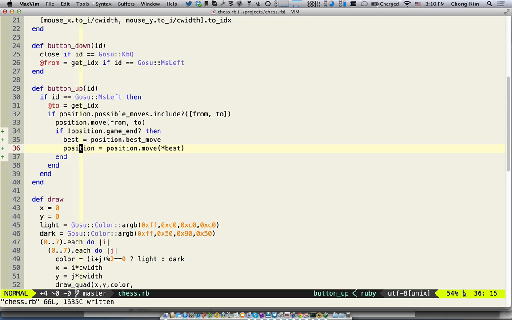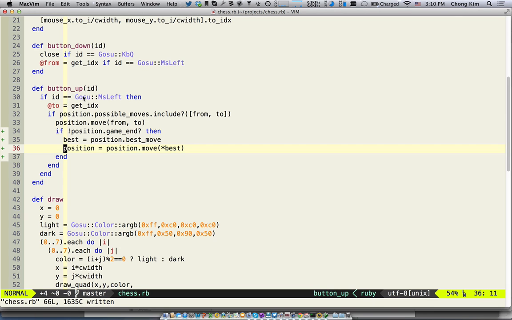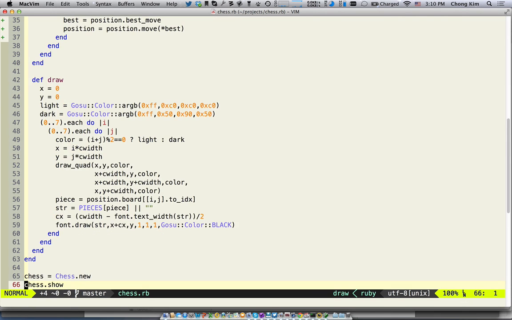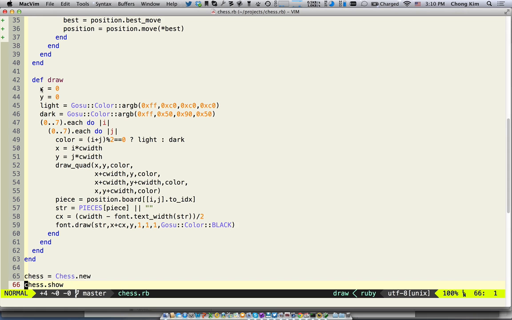Even though we know the solution, it just doesn't make any sense, because it's supposed to return itself, and so it really shouldn't have done anything. 66. Okay, so let's see what 66 is. Oh, it's under show. Undefined method move for nil class. Oh, it's on 36.